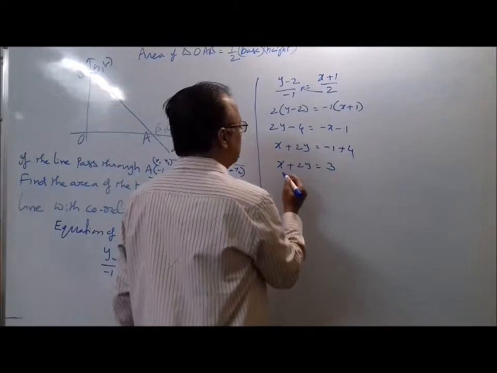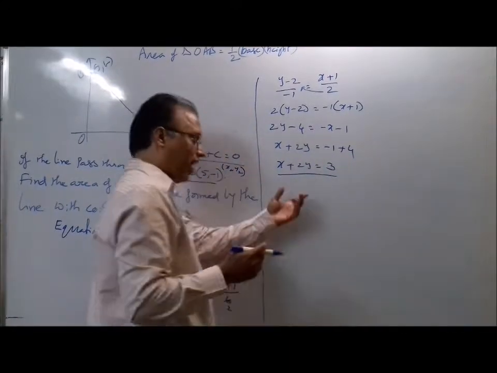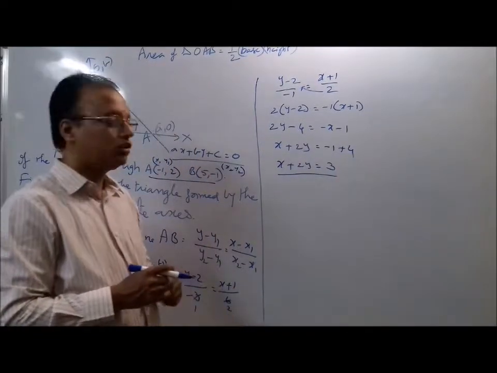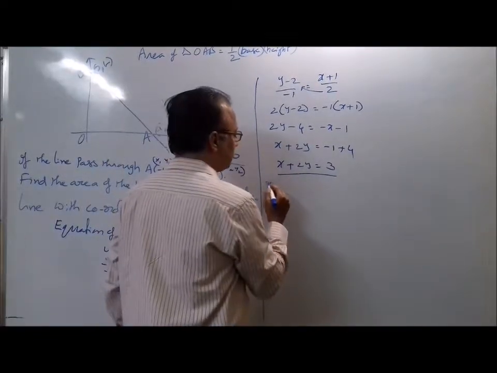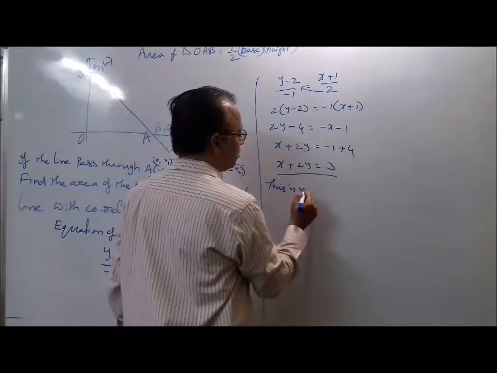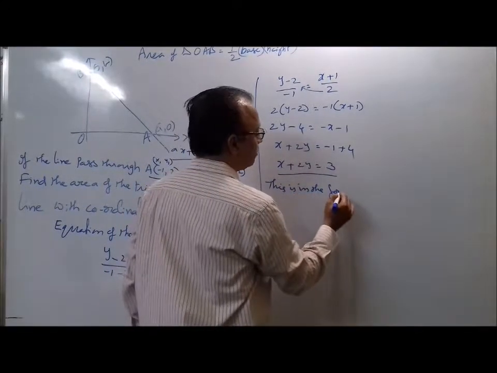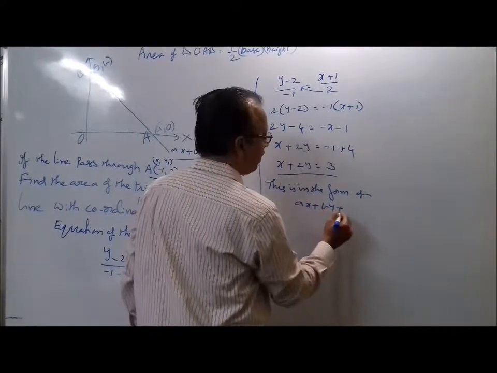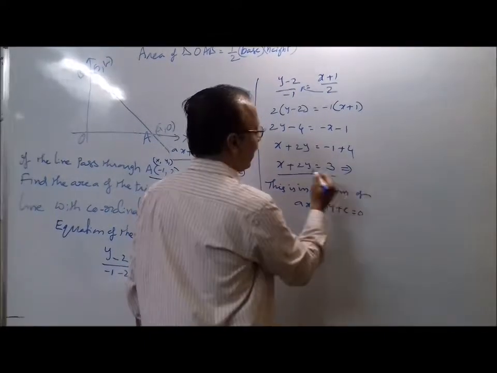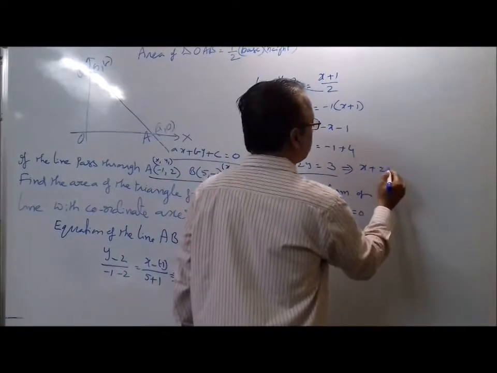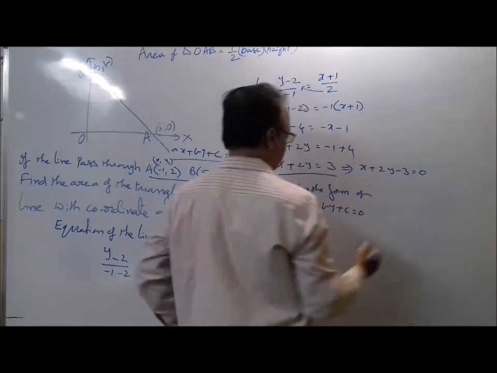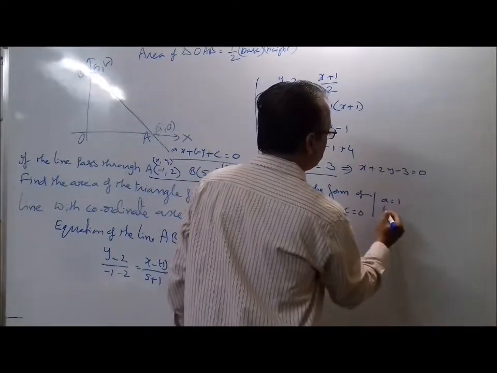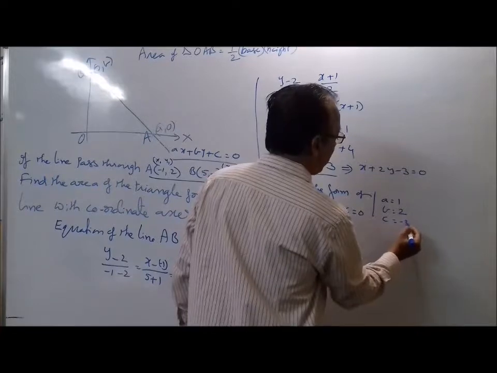Now, this is for the area of the triangle formed with the coordinate axis with this line. This is in the form of ax plus by plus c equal to 0. Otherwise, I write this as x plus 2y minus 3 equal to 0. So what is a here? a is 1, b is 2, c is minus 3.